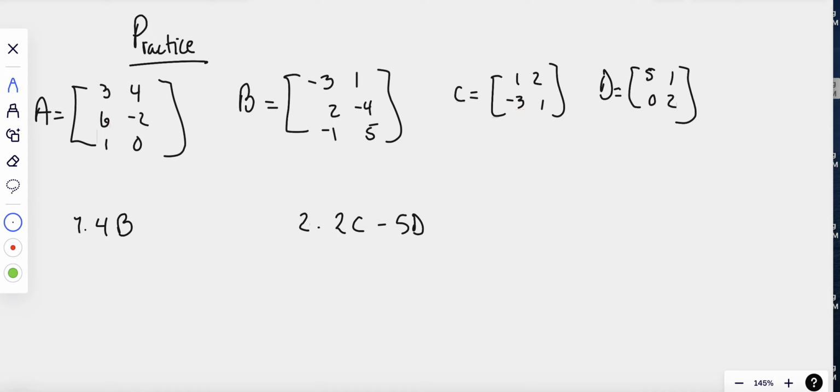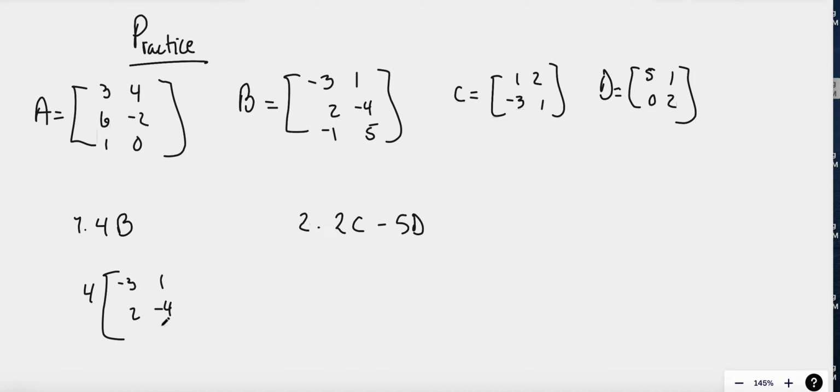The first problem is quite simple, actually. All we have is a scalar being multiplied by a matrix. So I'm going to rewrite it as 4 times -3, 1, 2, -4, -1, and 5. So 4 times -3.